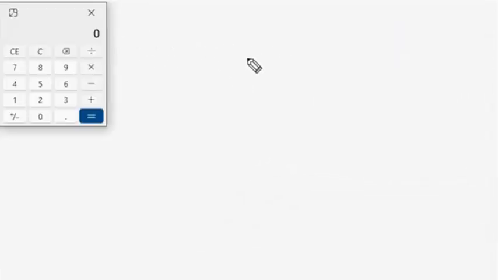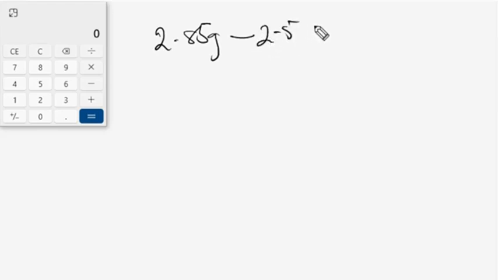From this, we can tell that since we have 2.85 grams of an oxide of copper and it gave 2.52 grams of copper, it means the oxide will be 2.85 grams minus 2.52 grams, and that's 0.33 grams.